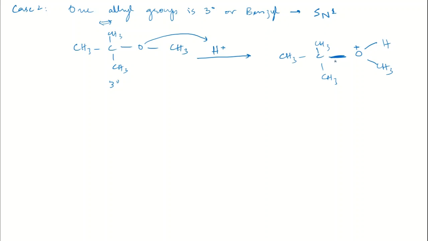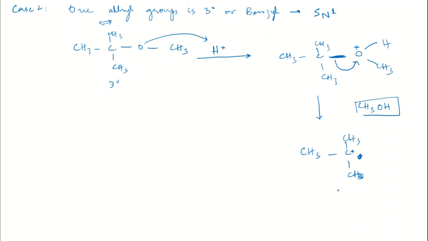Therefore this pair of electrons will be taken by the oxygen, and there is the formation of methanol. This is the first product of the reaction. We get the tertiary carbocation, with the positive charge present on the carbon.